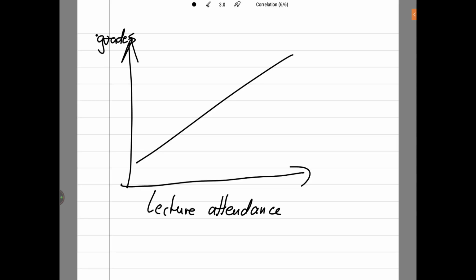Is that true? No. It measures something completely different. I can't prove it. I haven't done the experiment, but here is a hypothesis.